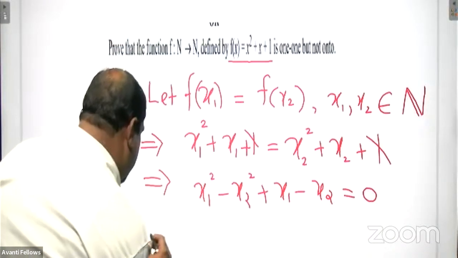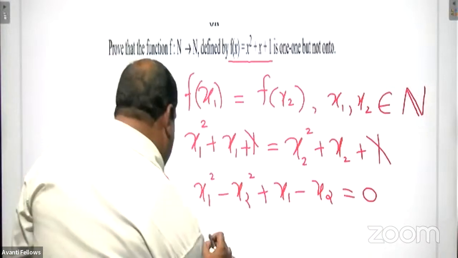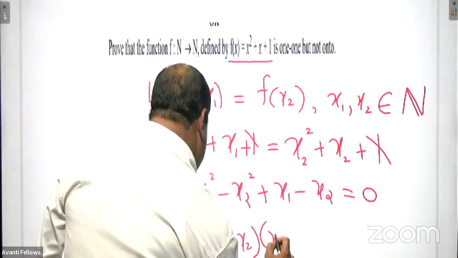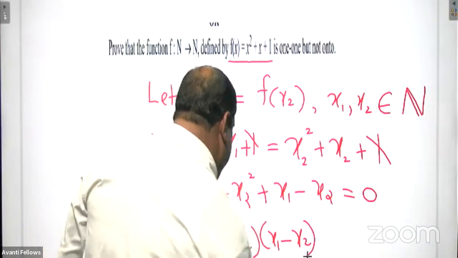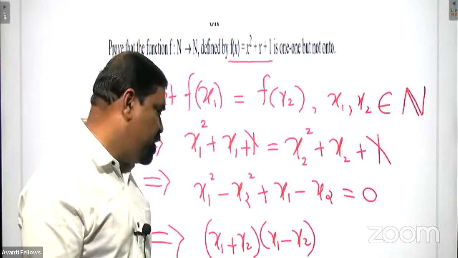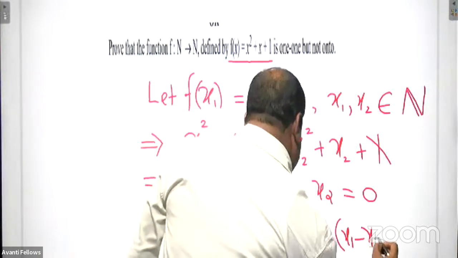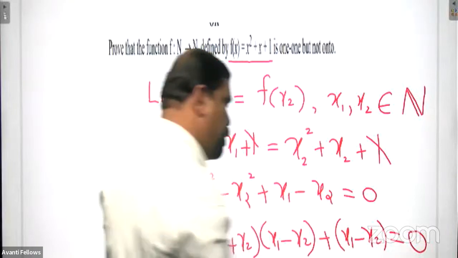Now this implies, factorize: x1 plus x2 into x1 minus x2, plus x1 minus x2 equal to 0.